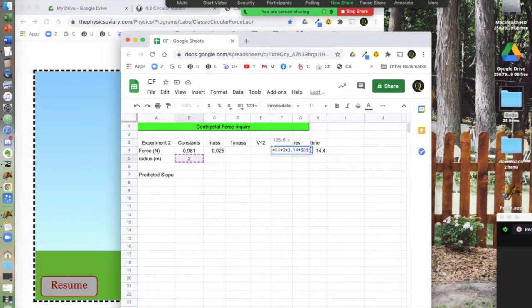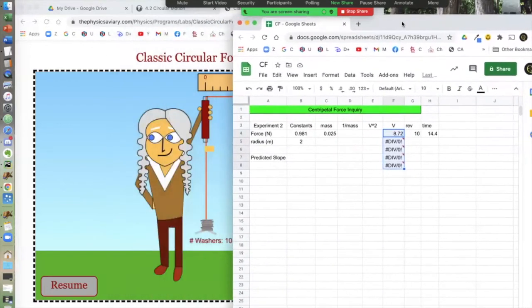Then I need to divide it by this time right here, and I'm going to have a different time there every time, so that'll work. So there's my velocity, and I'm going to take it down 5 times. Now all I have to do is put the revolutions and the time in here, and we'll be good.